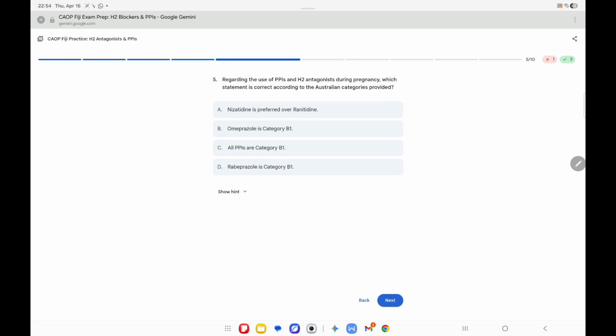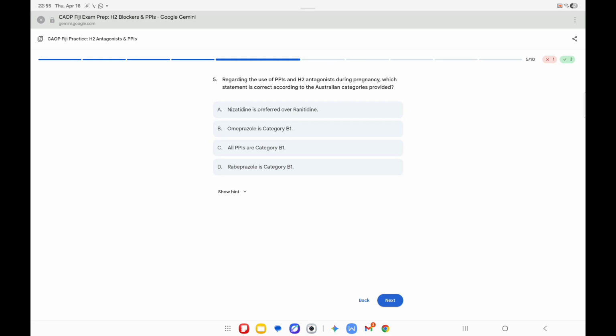Regarding the use of proton pump inhibitors and H2 antagonists during pregnancy, which statement is correct according to the Australian categories provided? Okay, so nizatidine is not preferred. Rather, nizatidine comes in category B3, and B3 category means less data is available to show the safety of the drug. So the first option is wrong.